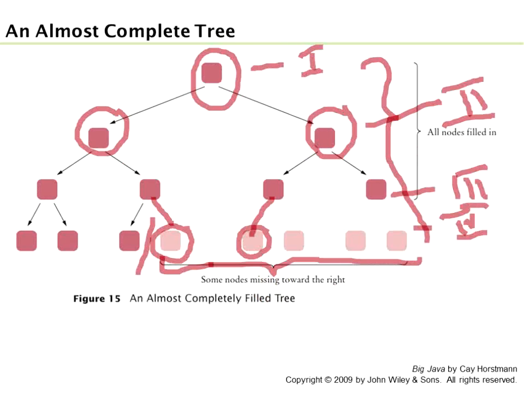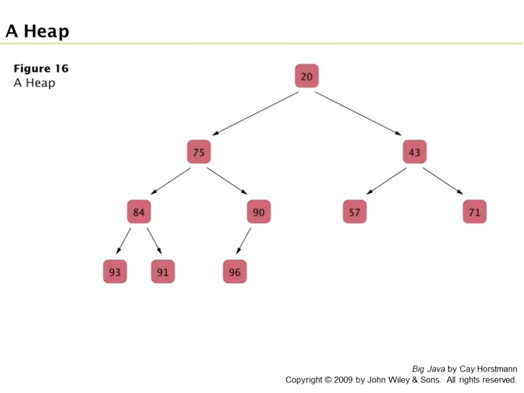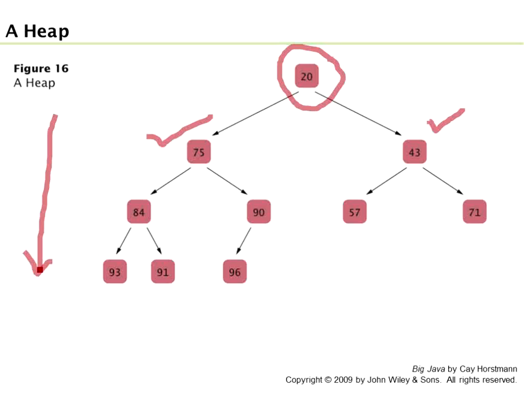Now if you see this example, the root node has the minimum value, then the left subtree and right subtree. 20 is smaller than 75 and 43. And as you move downwards, you will find out that the value increases.